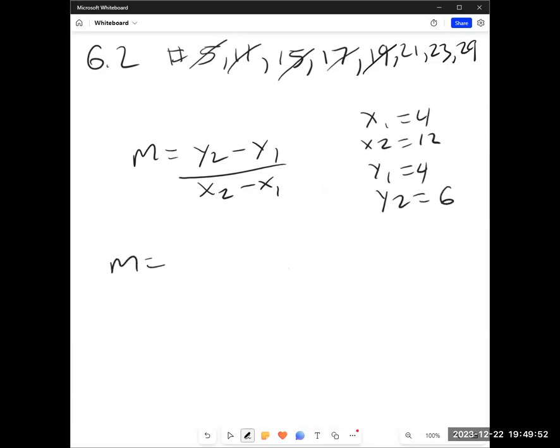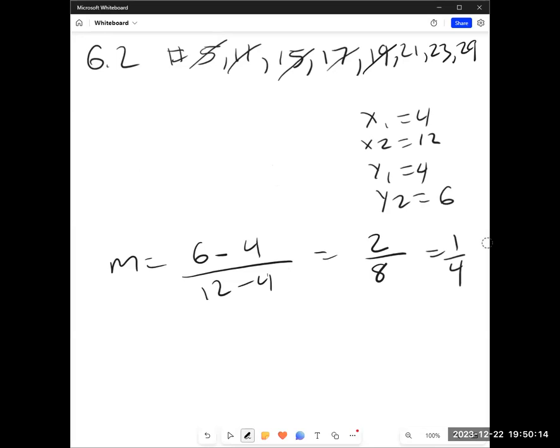So slope is going to be 6 minus 4 over 12 minus 4, which is 2 over 8, which is 1/4. And that specifically said to type an integer or a simplified fraction. We're not supposed to type the decimal equivalent there.